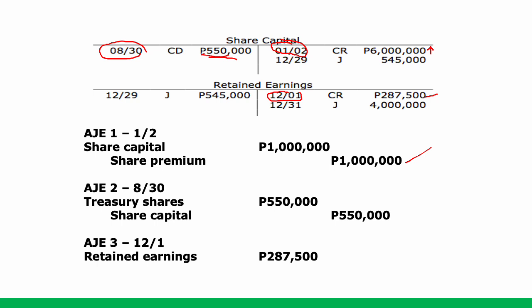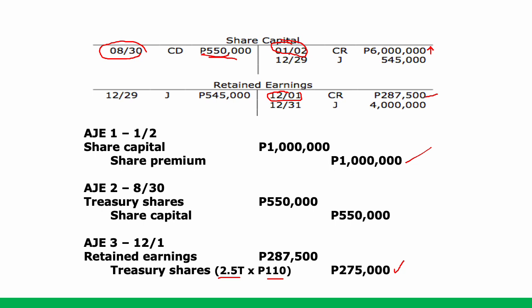So, where should it be credited? To the treasury shares account itself. So, credit treasury shares. However, the credit to treasury shares should be limited to cost. The cost is only 110 per share. So, 2,500, this is the number of shares reissued, multiplied by 110 pesos per share cost. So therefore, how much is the correct credit to treasury shares? 275,000 pesos only.